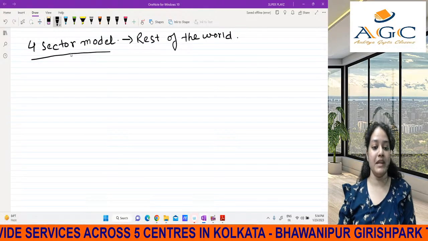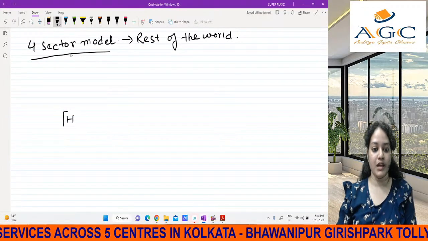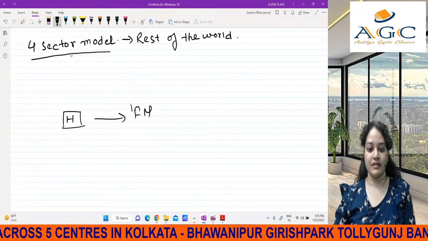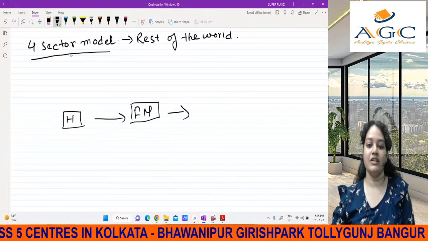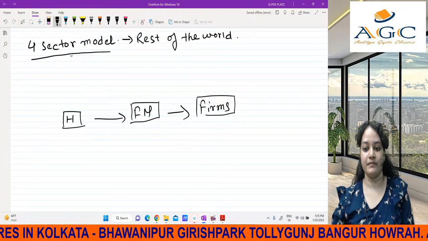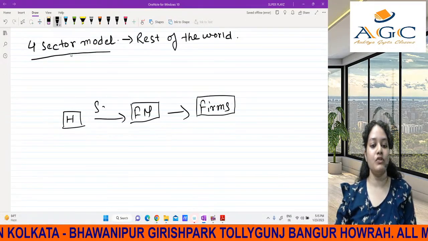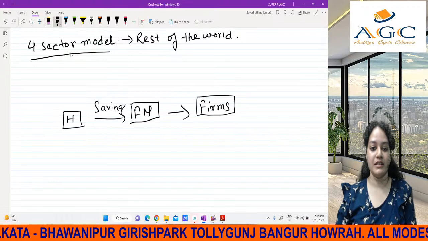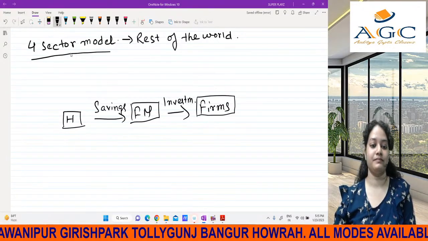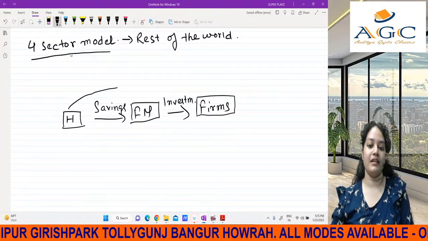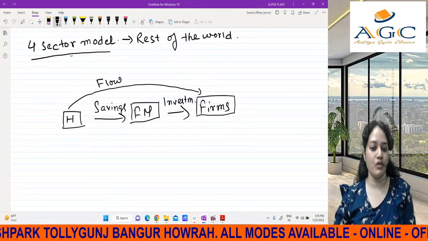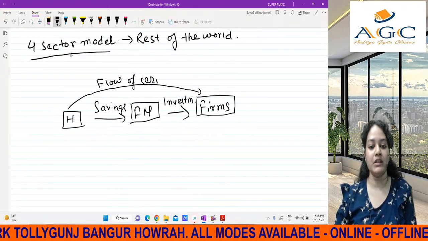For this also we will be making the same diagram, from the households to the business firms. So from the households to the financial market, what is going? Savings. And from the financial market to the firms, investment. The same thing, flow of goods and services, or flow of services you can say to be more appropriate.